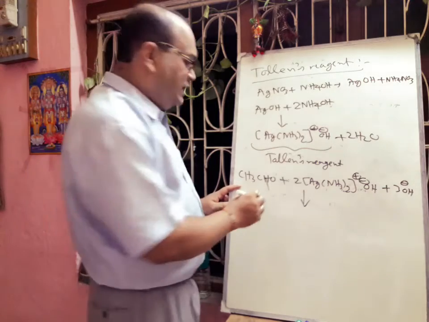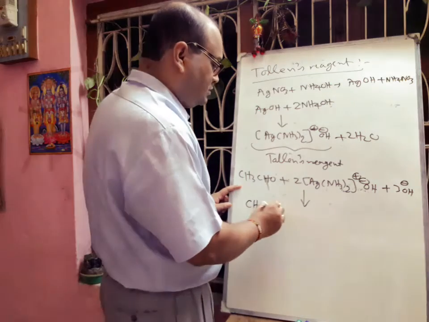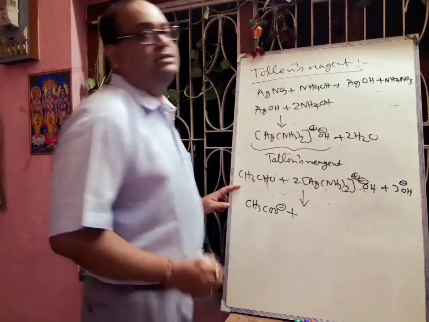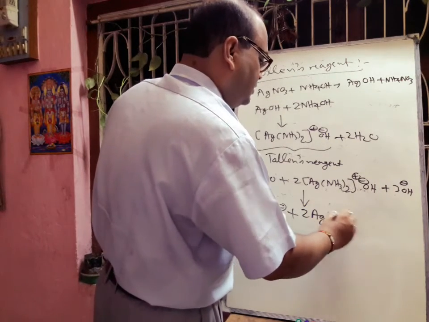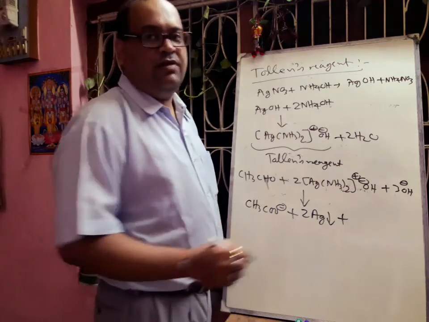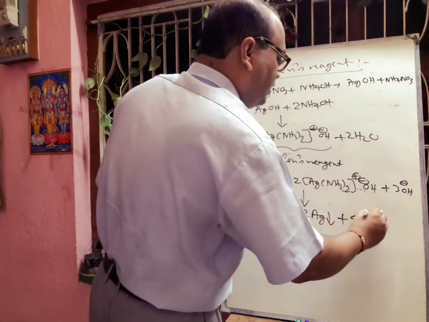That will form CH3COO minus, plus there will be formation of silver deposition, plus 4 ammonia and 2 H2O.